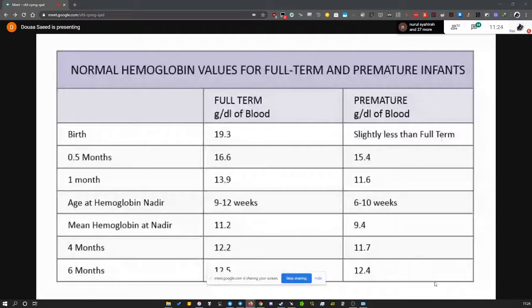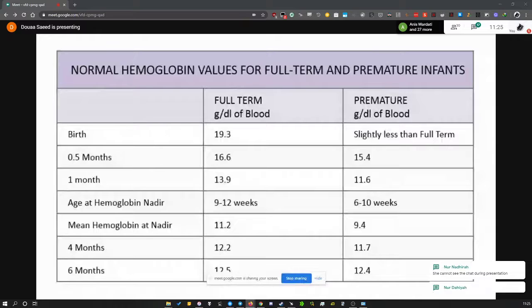Then as you go on to 0.5 months and 1 month, you can see a decreasing trend. By 9 to 12 weeks, the hemoglobin level will be at its lowest, a point in their life where the mean hemoglobin will be around 12.2. After those 9 to 12 weeks, at 4 to 6 months, we will start to see an increasing trend.